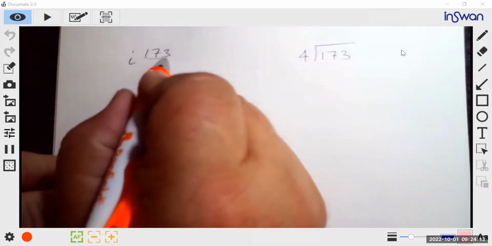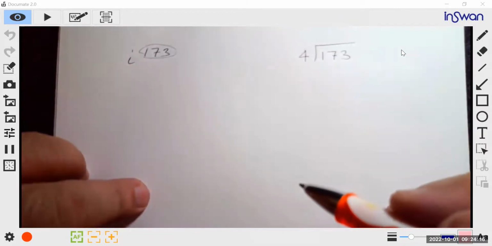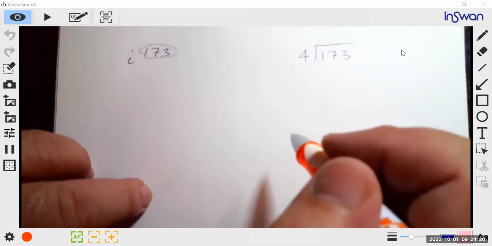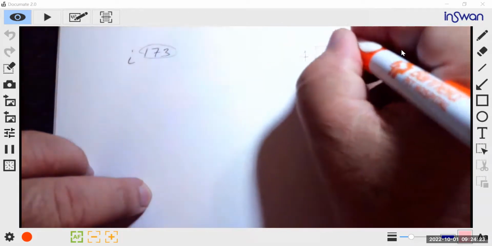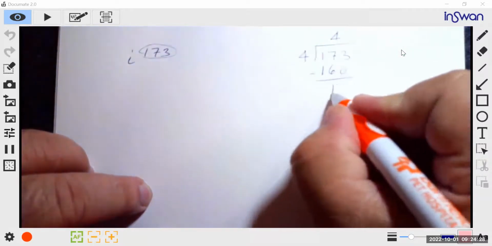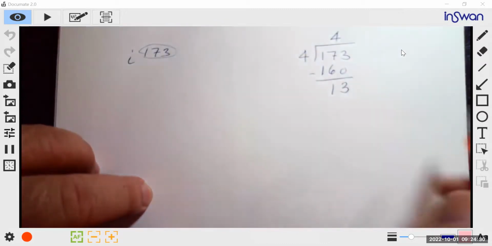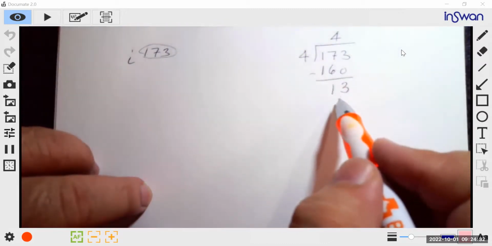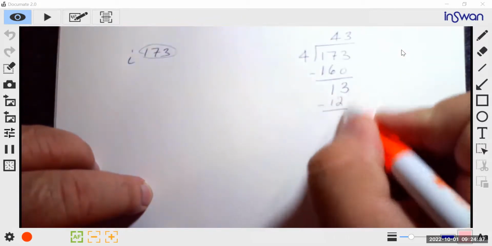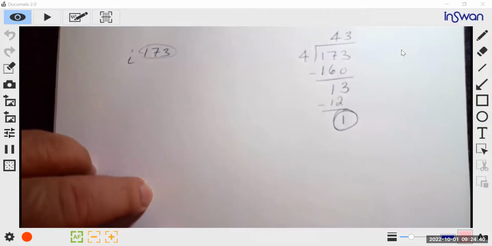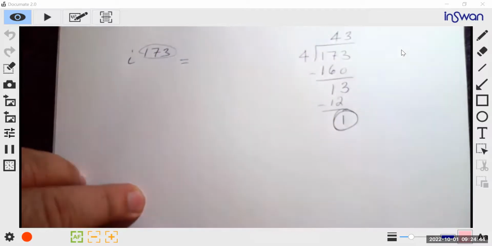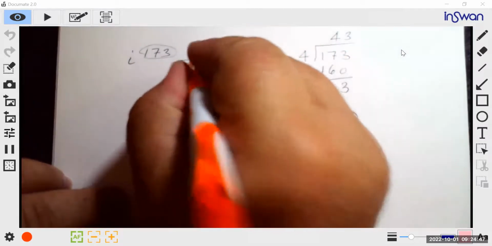So whatever your exponent is of i, divided by 4. 4 goes into 17 how many times? 4. 4 times 4 is 16. Subtract them. How many times does 4 go into 13? 3. 4 times 3 is 12. Subtract them. Here's our remainder. So this one becomes what? i.